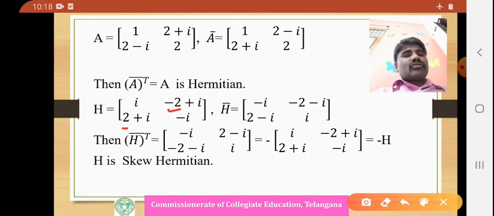In the case of skew symmetric, they differ in the sign of the real part. A12 is 2, A21 is -2. A31 is 3, A13 is -3. Like that, they differ in the sign of the real part. The imaginary part cannot be changed, the real part will be changed.